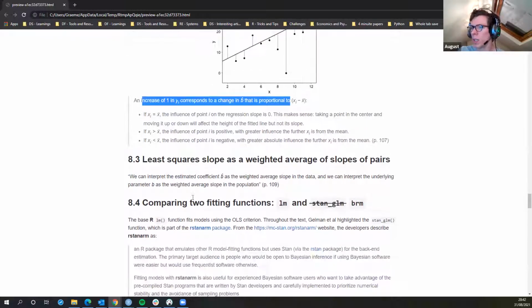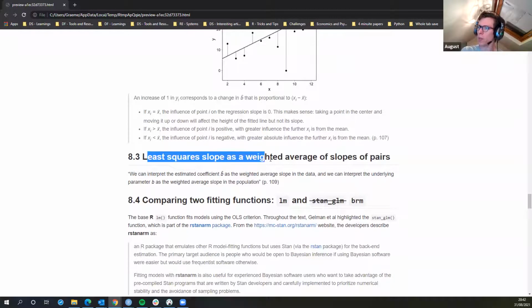Yeah, pretty straightforward. Least squares slope as a weighted average of slope pairs. We can interpret the estimated coefficient b hat as a weighted average slope in the data, and we can interpret the underlying parameter b as a weighted average slope in the population. Yes, okay.